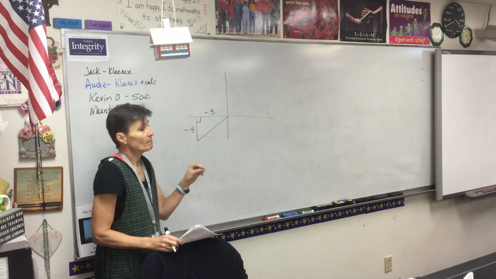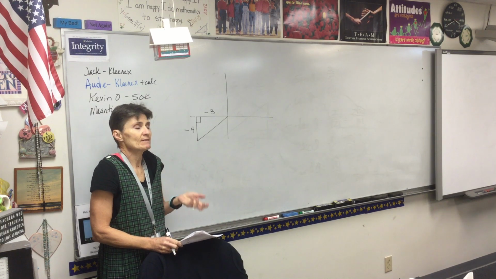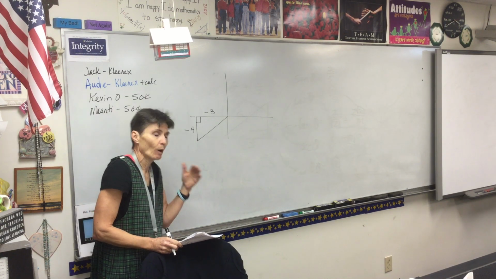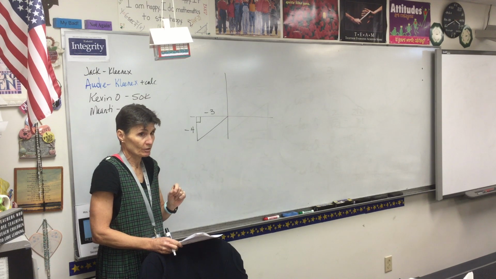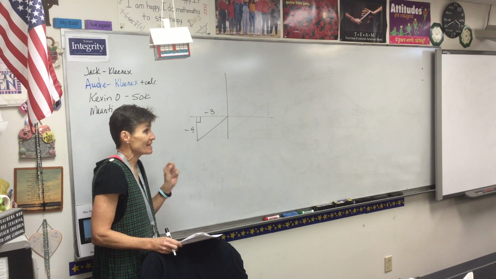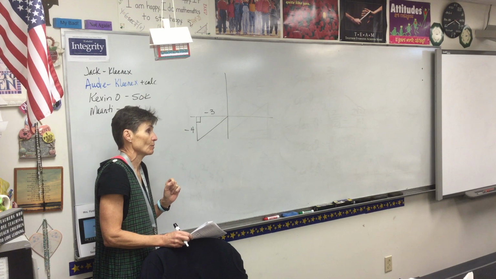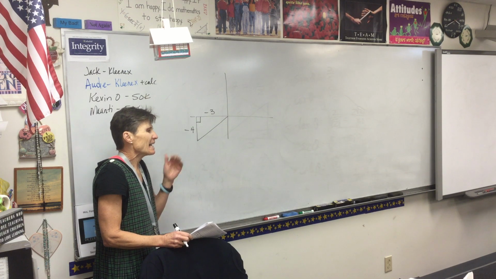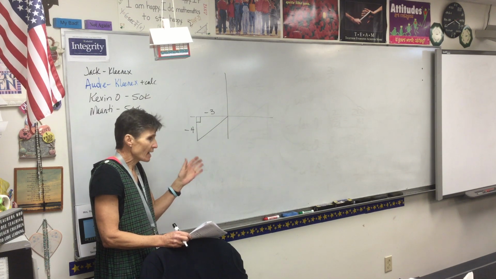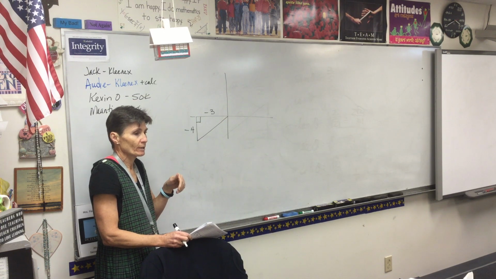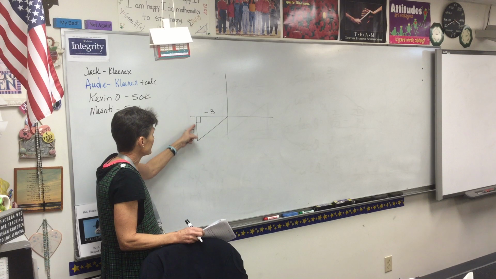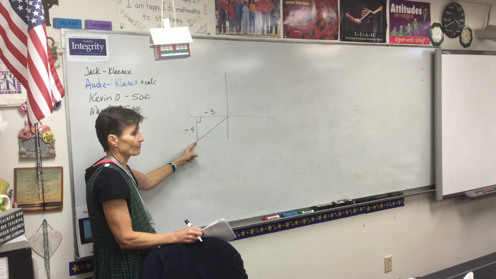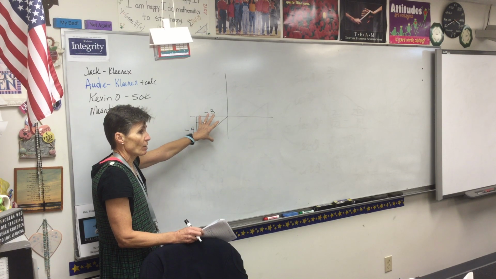Now, I know what some of you are thinking. Mrs. Ford, the sides of a triangle can't be negative. You are right. But for purposes of the trigonometry, I'm going to mark those negatives because the negative is going to have an impact on my answer. So I get it that a triangle shouldn't have negative sides, but we're going to do it for our trigonometry. So according to the problem, I'm over 3, down 4. So I'm making that triangle right there.